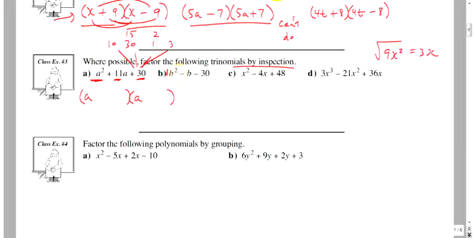Are there other options to get to 30? Oh yeah, 6 and 5. Which ones add to 11? Okay. Check it before you go on to the next question. You should never make a mistake. A squared and 6a and 5a and 30. Is that the same as this? Check. Okay.